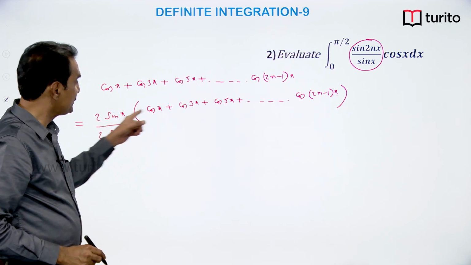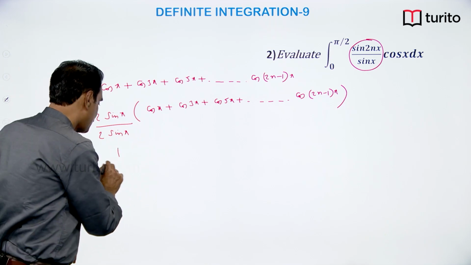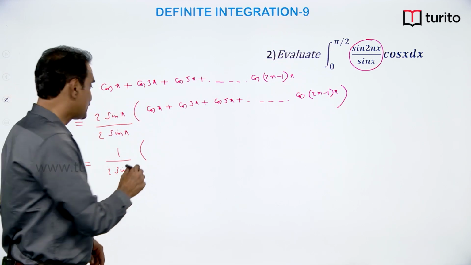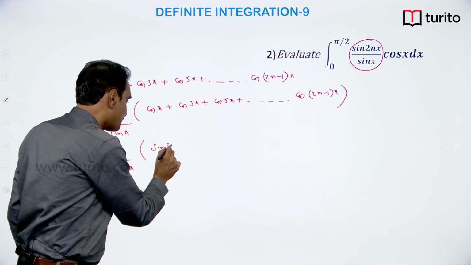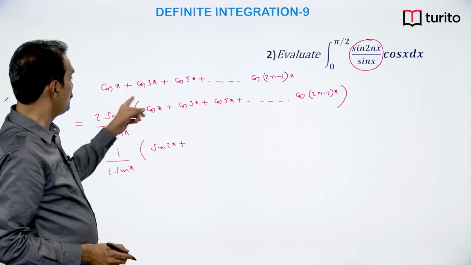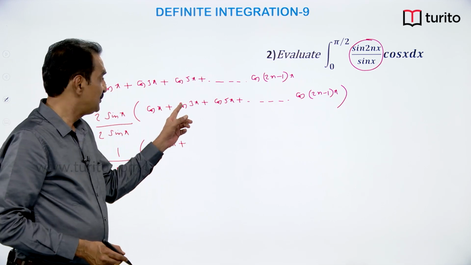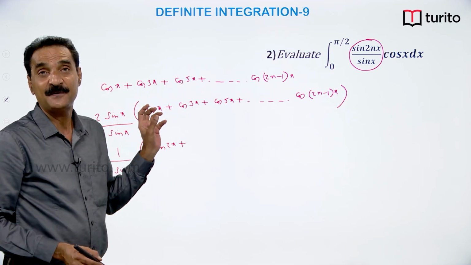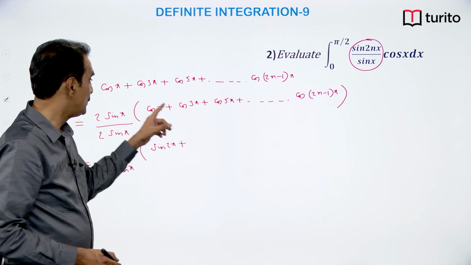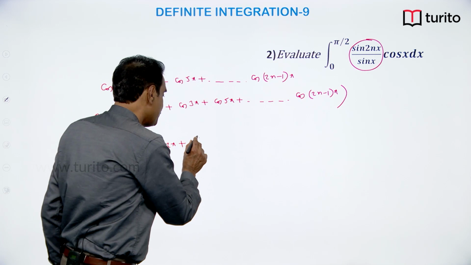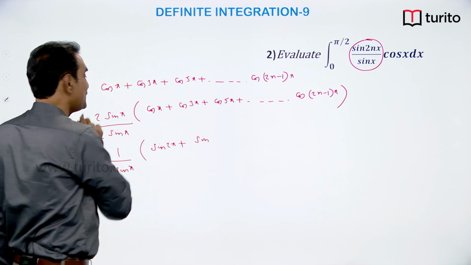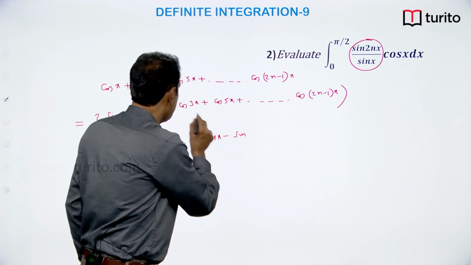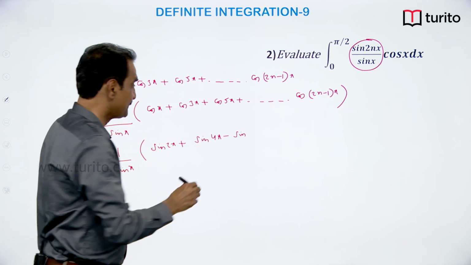Now, taking 2 sine x inside, 2 sin x cos x is sin 2x plus 2 sin x cos 3x. 2 cos a sin b is sin of a plus b minus sin a minus b. So, 2 sin x cos 3x will be sin of a plus b, meaning 3x plus x, 4x, minus sin a minus b, meaning 3x minus x, 2x.